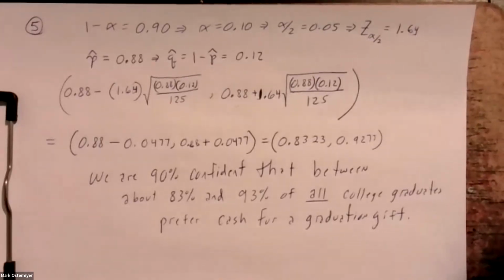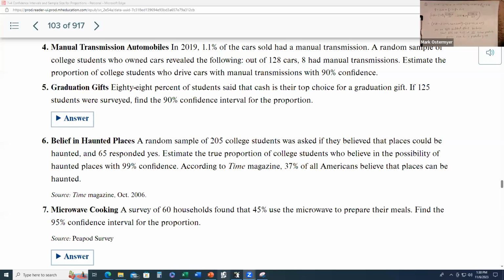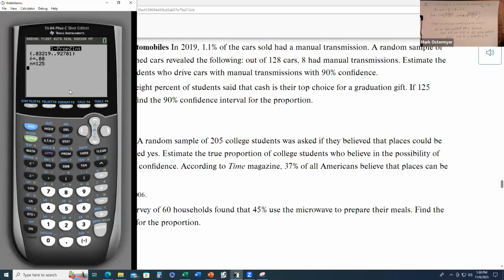Okay, let's do this problem over again using the calculator this time. So let's bring up our machine, and let's go get our stat tests. Go down and grab the one prop z int function. Now, ladies and gentlemen, what is x?